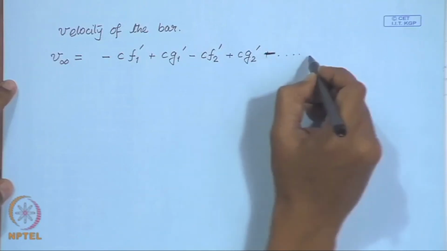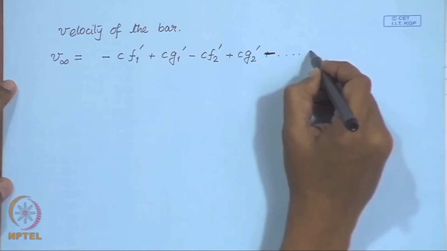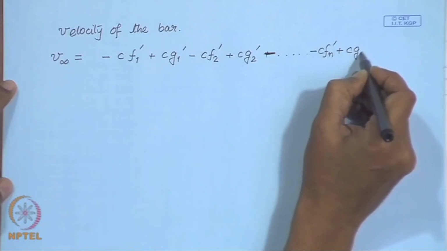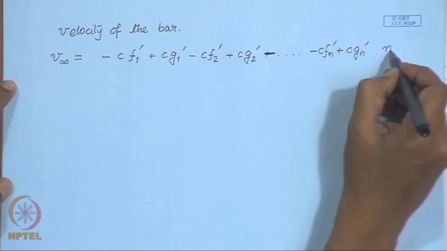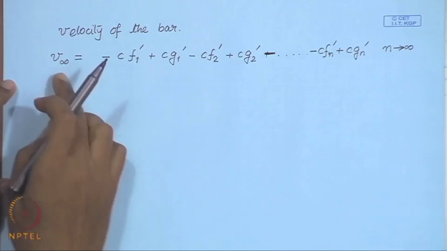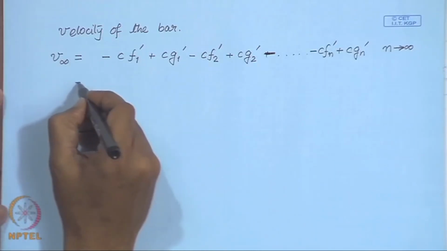So, here there will be minus. So, like this. So, when n tends to infinity, this series, if you sum up, then you will get v infinity.